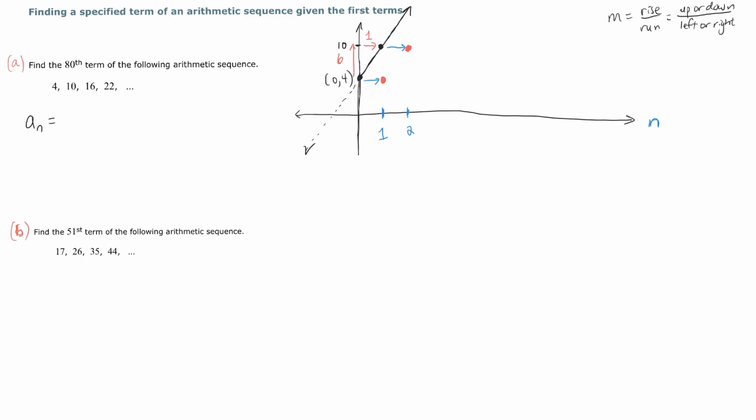We first have to find our slope, or in this case, the arithmetic difference. So the difference here is a sub 2 minus a sub 1, which is 6, which I already drew in the picture. First thing you need is the slope, 6.